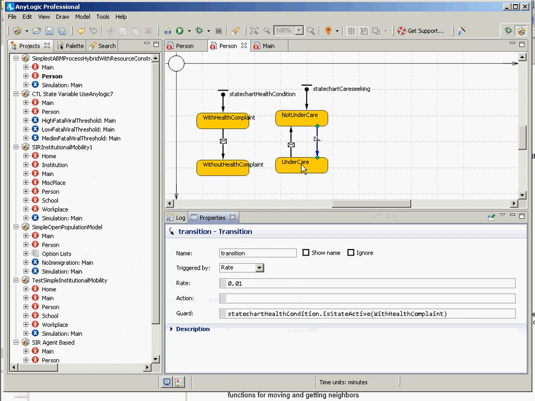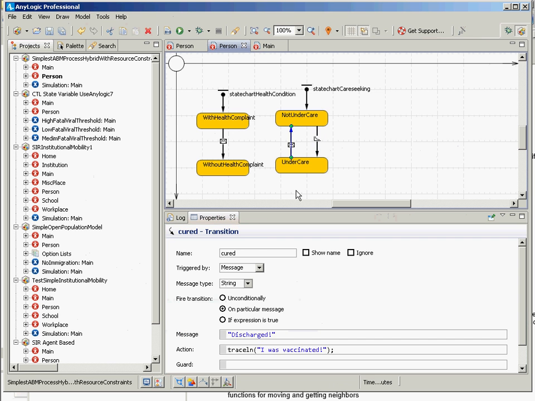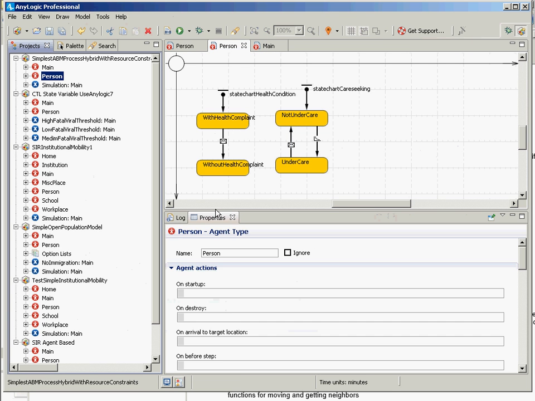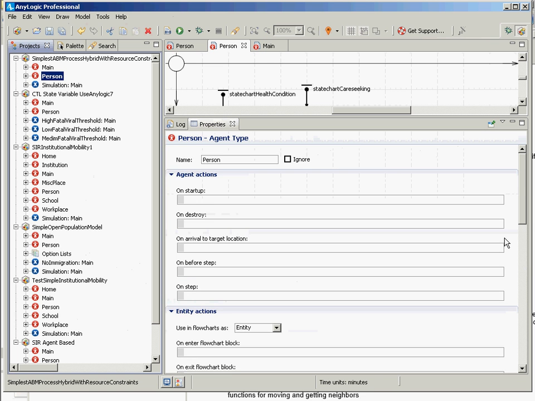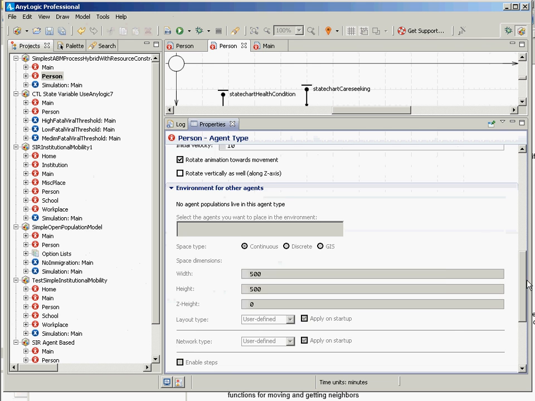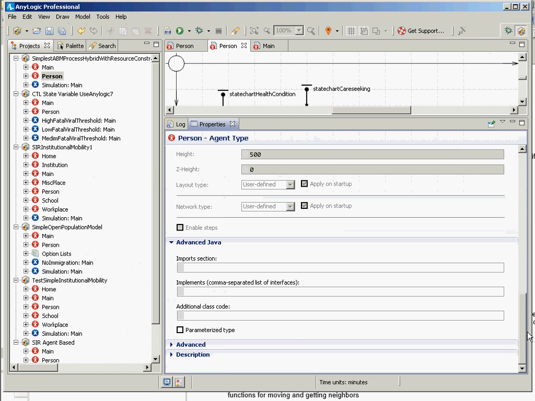Among other things, if you go look at the characteristics of person, I think it's in the advanced area, unless they've moved it. Maybe, okay, I guess they took it out in this version.